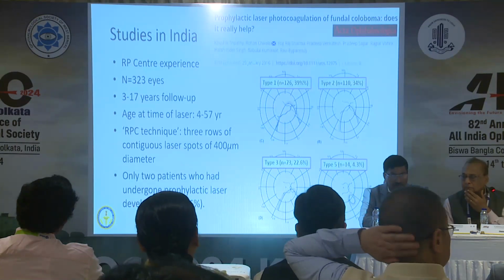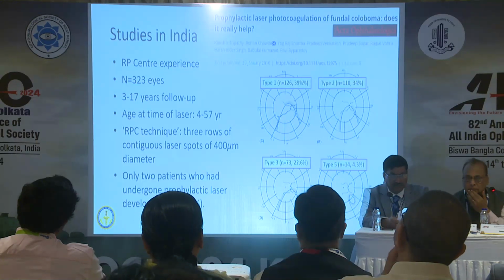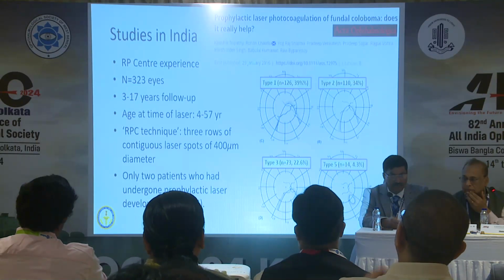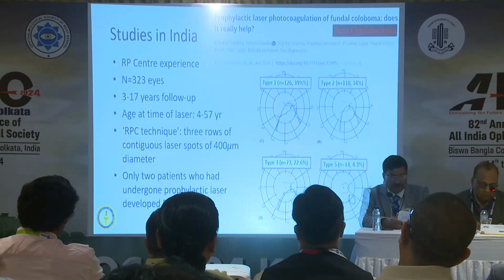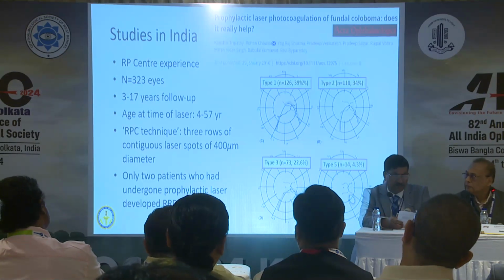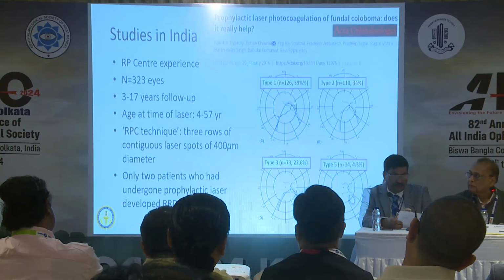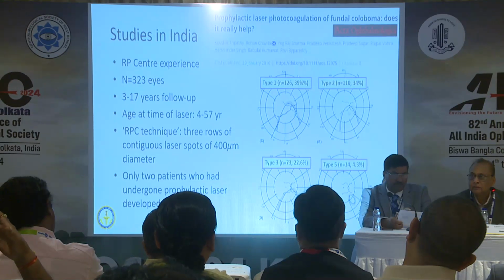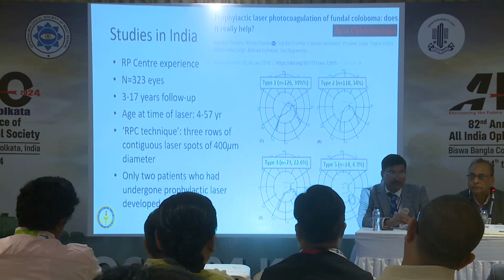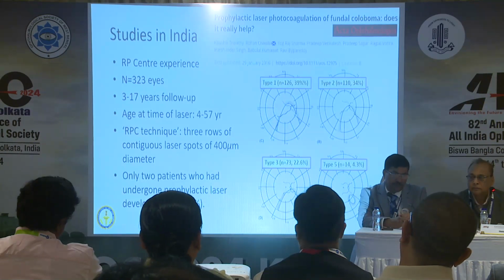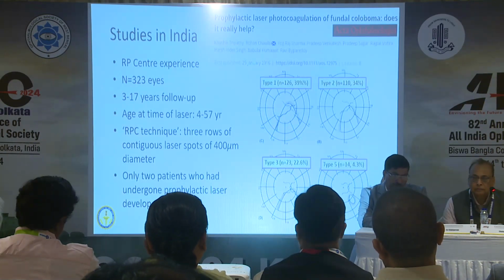The RP Center has taken to apply 3 rows of contiguous laser spots of 400 microns in diameter at the margin outside the arcades, and have found that only 2 patients out of 323 eyes who underwent prophylactic laser developed rhegmatogenous retinal detachment.